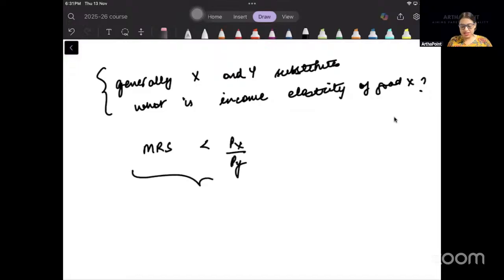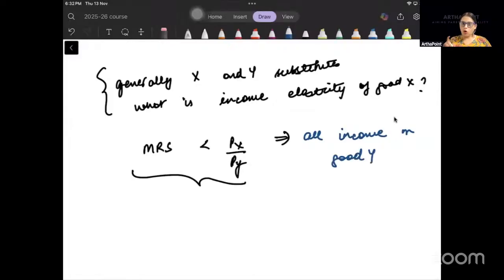When MRS is less than PX by PY, इसका मतलब हो जाता है good Y is relatively cheaper. तो माने you will spend all income on good Y.